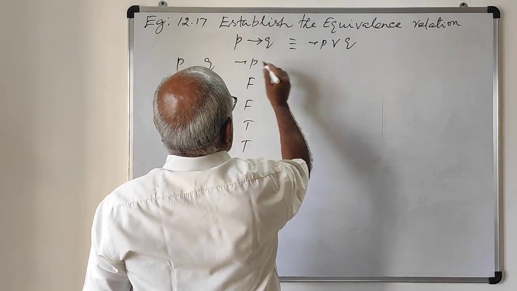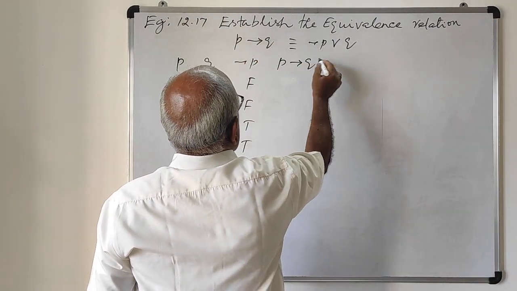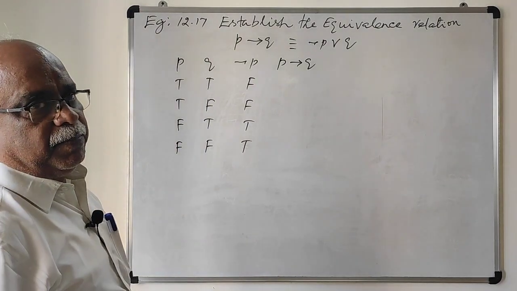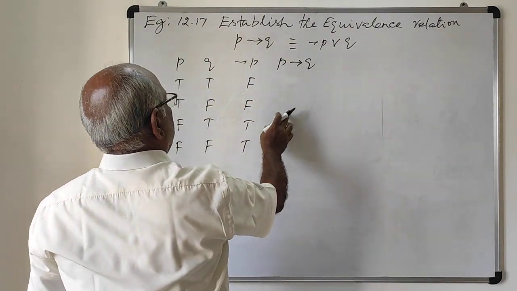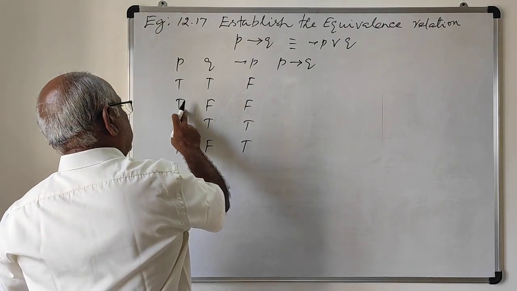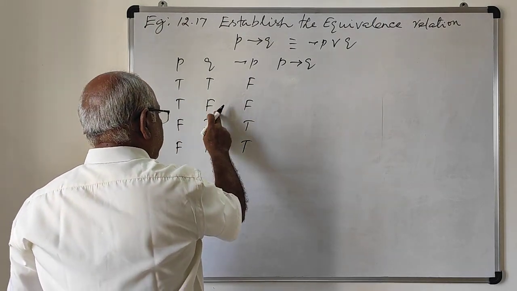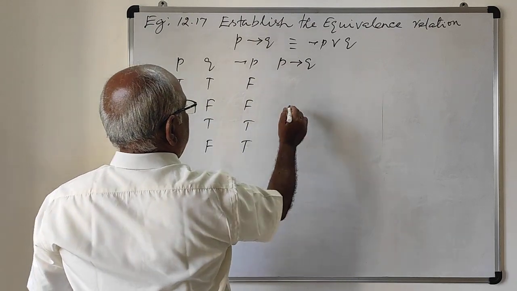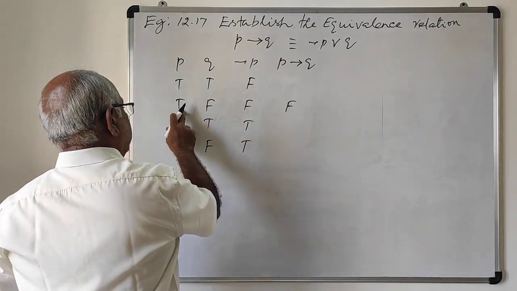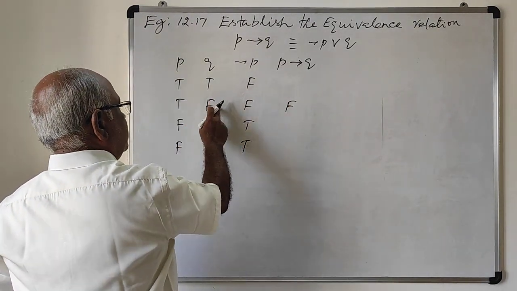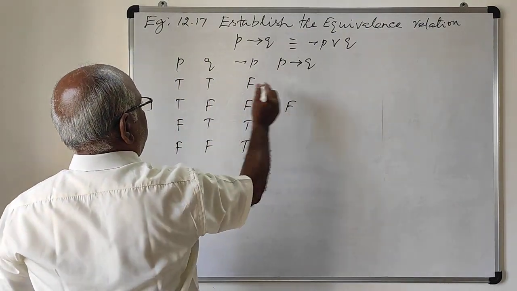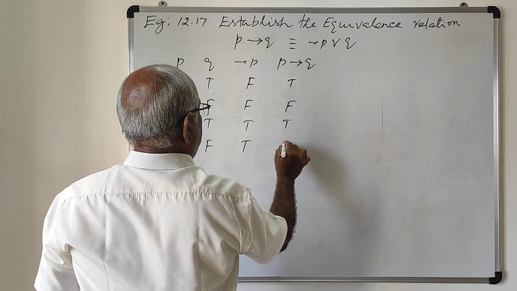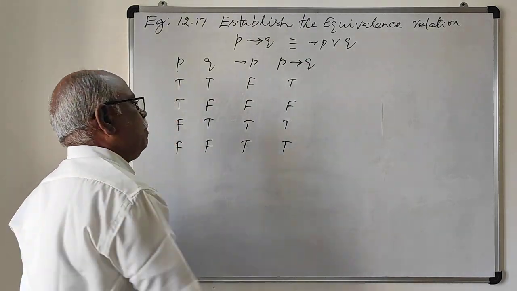Now, left hand side, P condition Q. P conditional statement, single if then, if P then Q. You know that if the first statement is T and the second statement is F, the truth value is F. The rest of the terms are T. This is your P condition Q table.